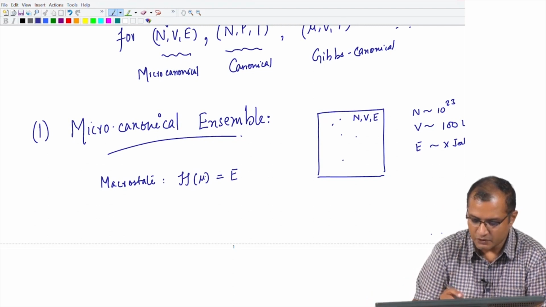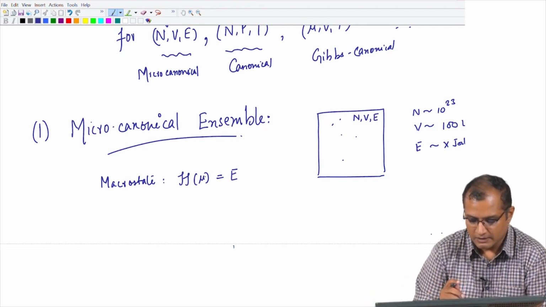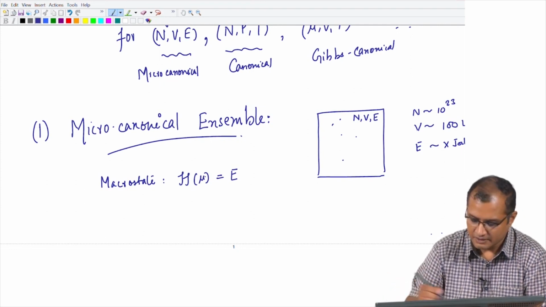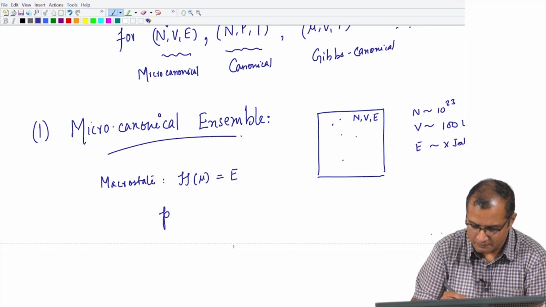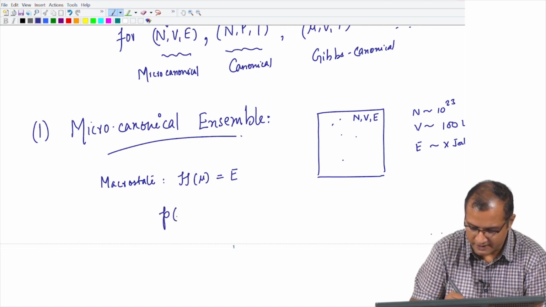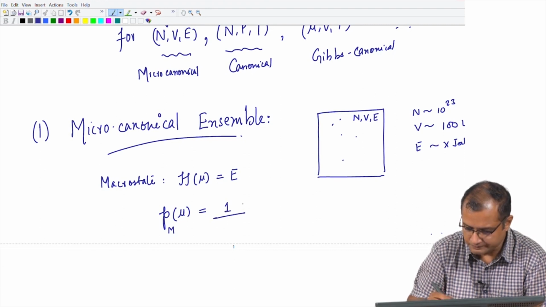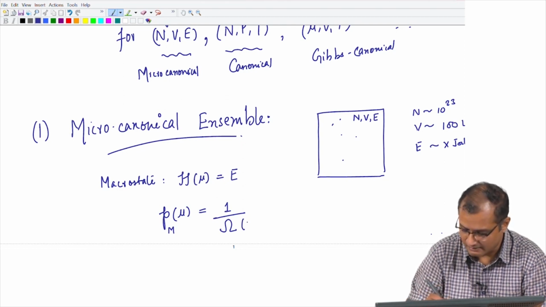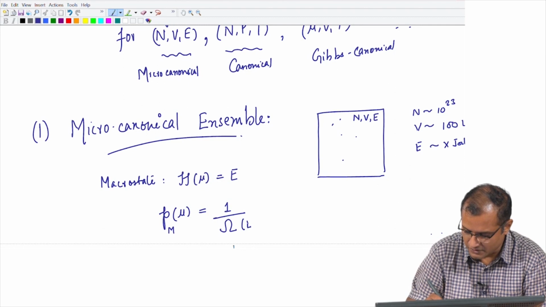As long as the Hamiltonian of the system is E, the specified energy, then the probability of finding the system in that microstate corresponding to a macrostate M would be nothing but 1 upon the total number of microstates that the system has access to, and this will be a function of E and V.